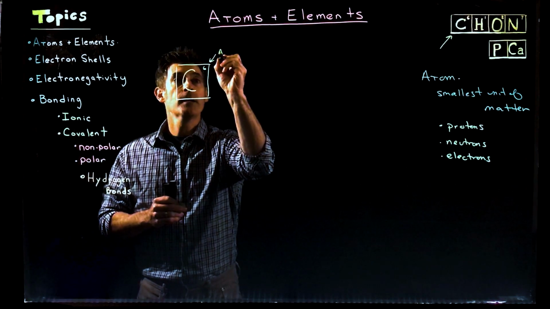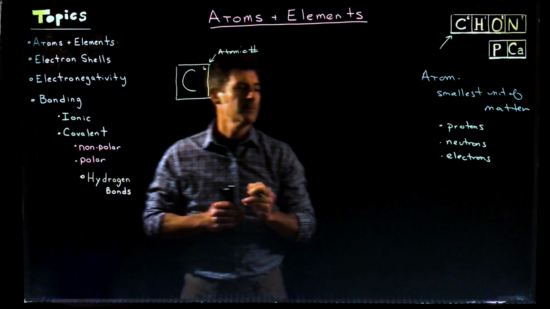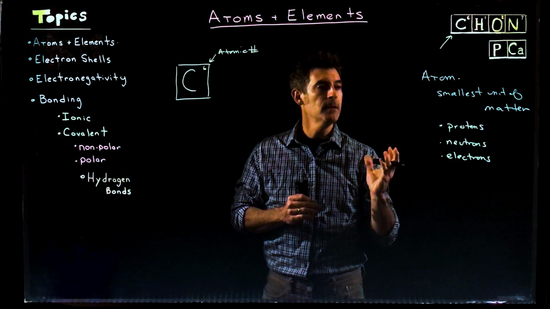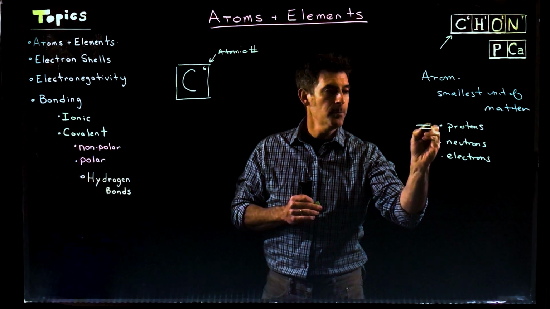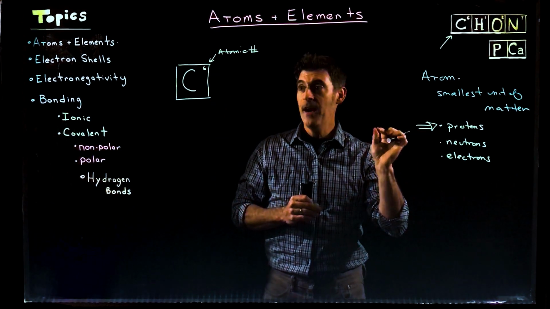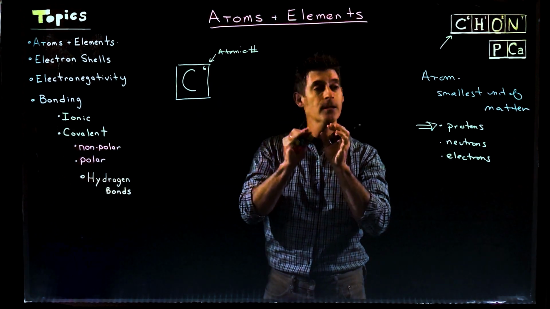That's what we call the atomic number. What does that 6 mean? Well, that is the number of protons. That's what defines this element, carbon, or we could say this particular atom.